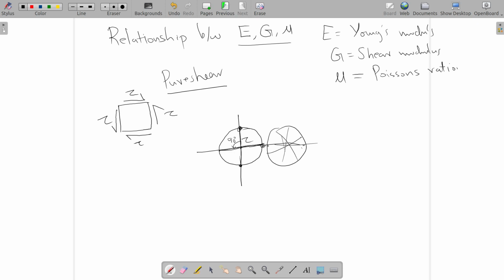In this case there is no shear stress because y coordinates are 0, but you have values for sigma 1 and sigma 2. Sigma 1 will be equal to tau, right? Because sigma is equal to the radius of the circle, and the radius of the circle is equal to the maximum value of shear stress, which we get in the pure shear case. That value is taken as tau. So sigma 1 is equal to tau, and sigma 2 is equal to minus tau.